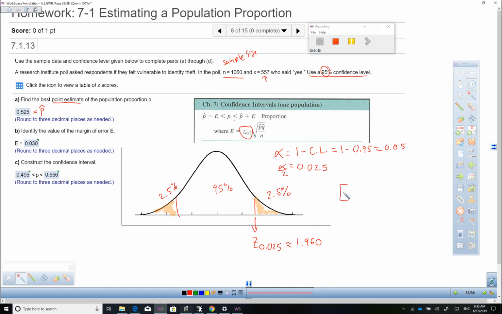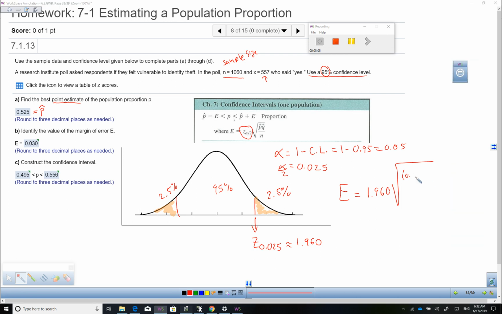The margin of error is 1.960 times the square root of p hat. This is p hat, the one we obtained from the sample, 0.525. And q hat is the complement of p hat, so that's 1 minus p hat.